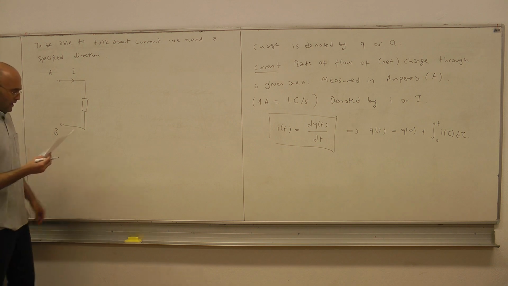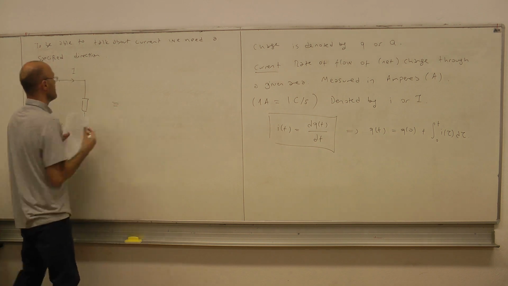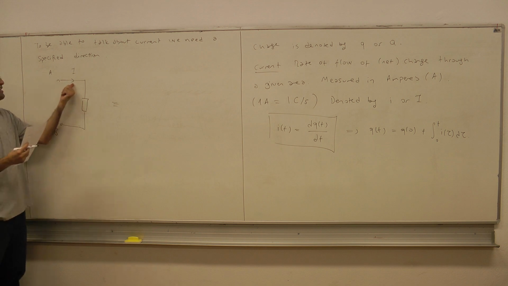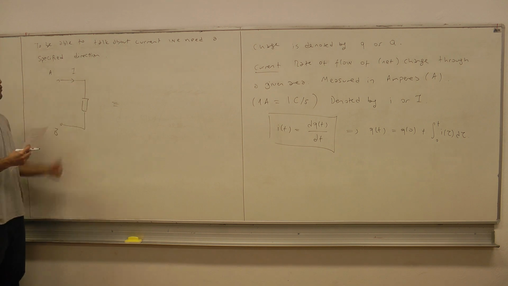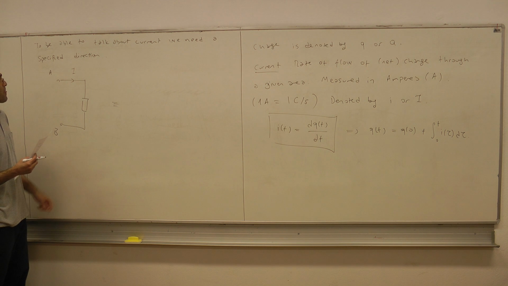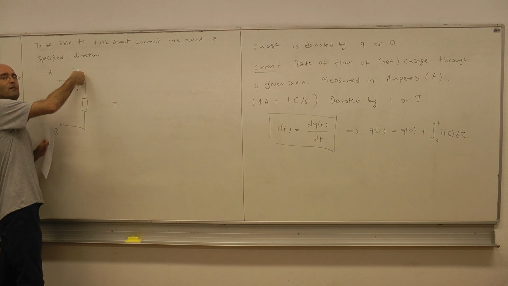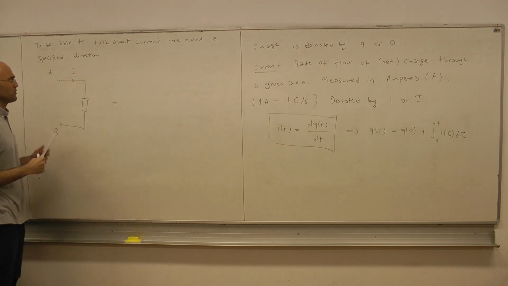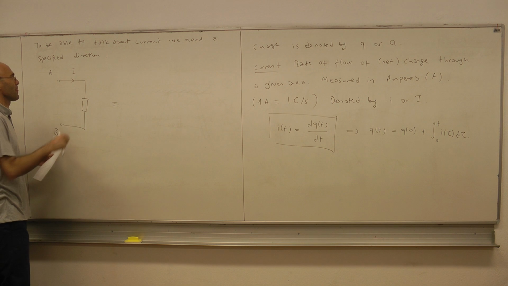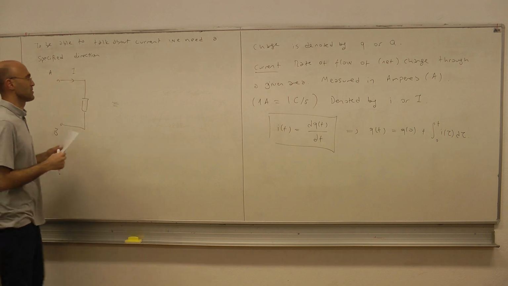Okay. And then clearly, for the same situation, if the direction were given the opposite, okay? Then what we would have measured, suppose that in this case you're measuring 12 amps, if the direction were opposite, what you would have measured would be minus 12 amps, okay?